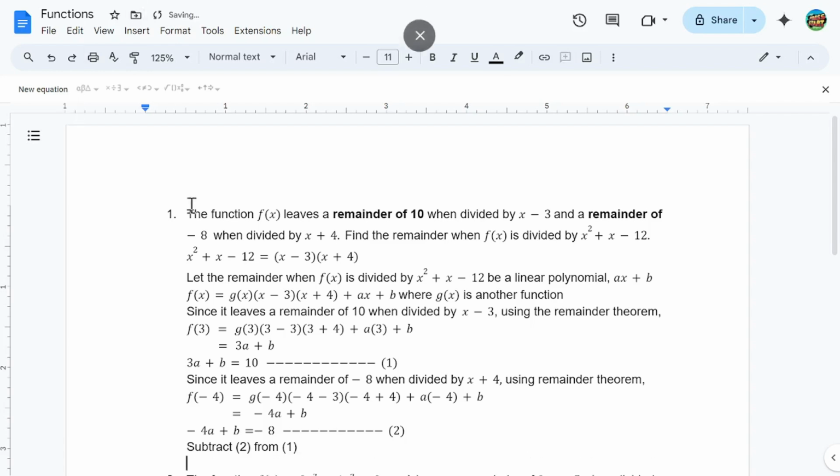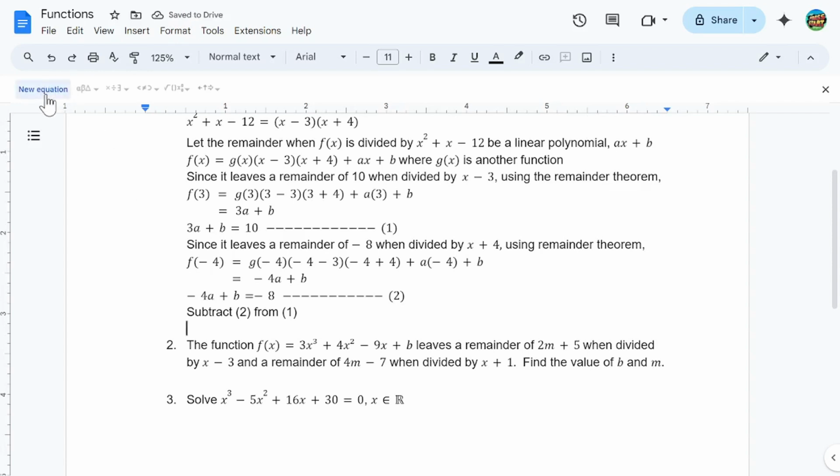So we will have 3a plus b minus -4a plus b equals 10 minus -8. So what we are doing is to subtract b away. So a and the constant are left in this equation.